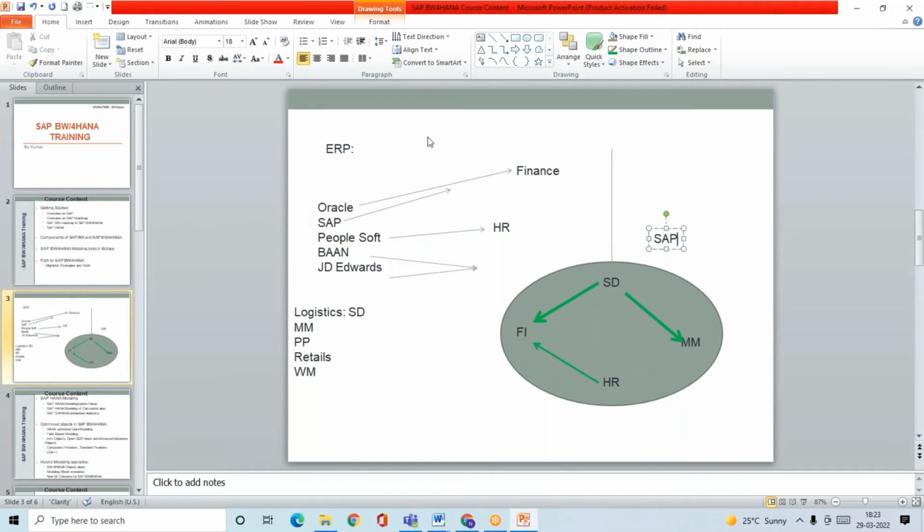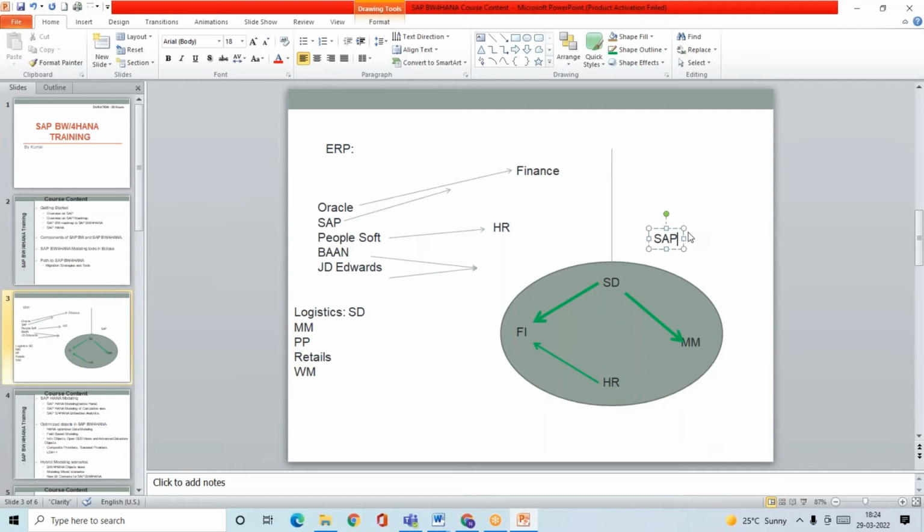But if you implement SAP, it has all these modules inbuilt. SAP comes with SD, MM, PP, HR, FI, you name it. You have all the modules within SAP. So if you buy one SAP application, your whole company will be served. That is one reason why SAP has become so famous in the market.